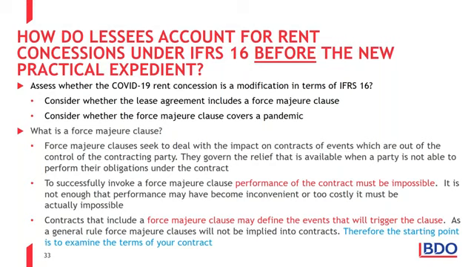And then in blue, I just want to come back again to the point. The starting point, if you want to go down this route and not consider the practical expedient, or if this practical expedient maybe is not available to you because you're not fitting within the scope of the expedient, in blue, the starting point is to examine the terms of your contracts, contract-based agreements.